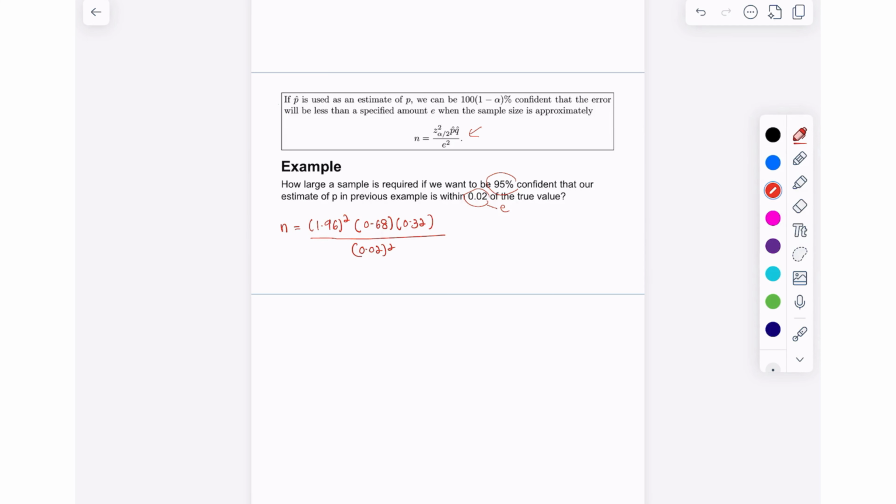Okay, so if you calculate, this one is equal to 2089.8. Okay, so this can be rounded off. So it is approximately equal to 2090. Okay, so the size of the sample that we can have in order to be 95% confident that the sample proportion will not differ from the true population by more than 0.02.